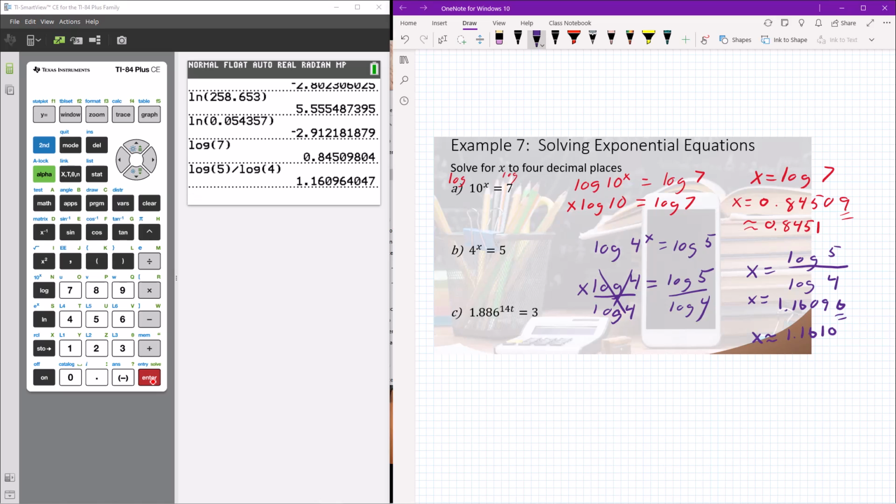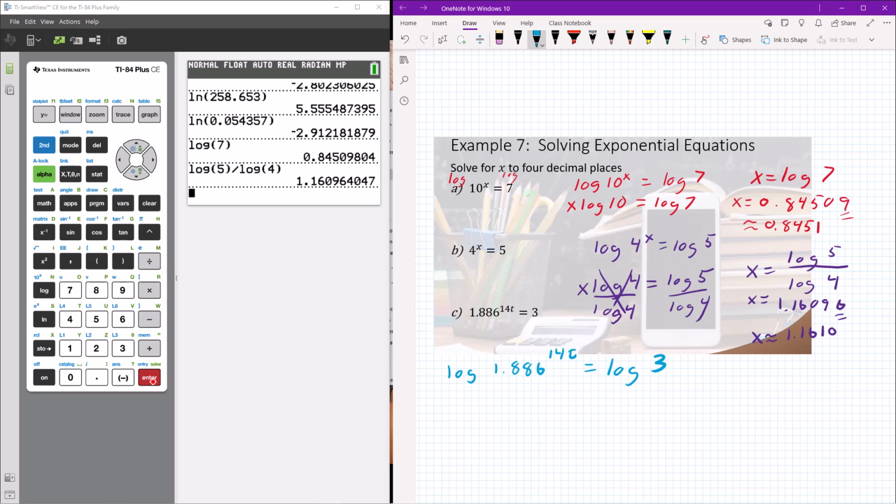The third part looks pretty daunting, but we're going to do it the exact same way. We're going to take the common log of both sides. So we will have the log of 1.886 raised to the 14t power is equal to the common log of 3.